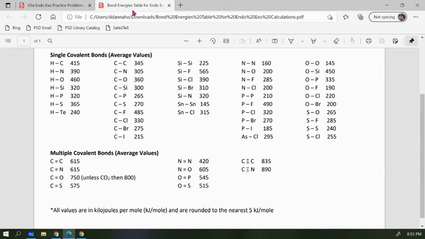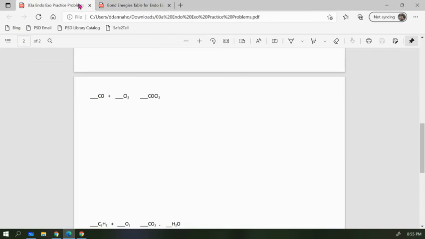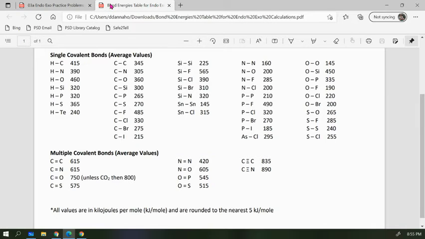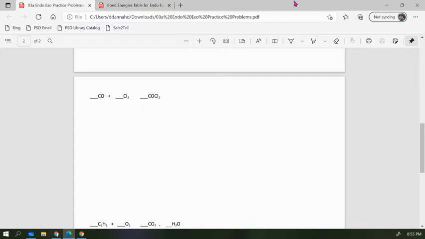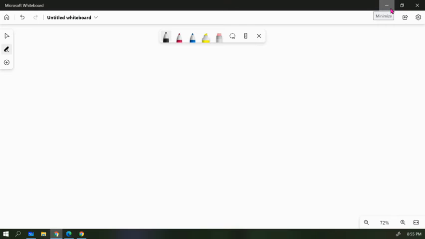You should be able to name the first two. Remember, you need the table of bond energies, so we'll have that. And you're going to need a periodic table because we're going to have to write the Lewis structures. So let me write this out: carbon monoxide plus chlorine gas, Cl2, goes to COCl2.